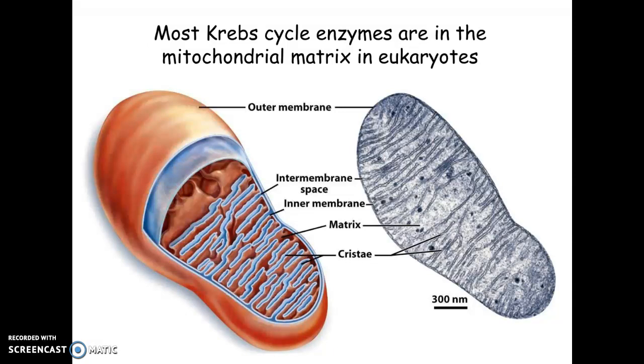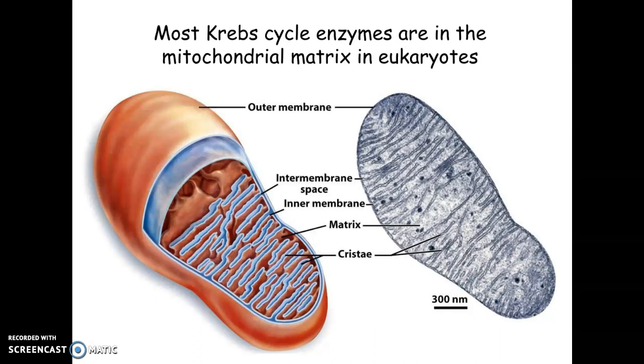Mitochondria have a double membrane, an inner membrane and an outer membrane. The outer membrane is probably left over from its phagosome origins, and the inner membrane is left over from its bacterial origins.